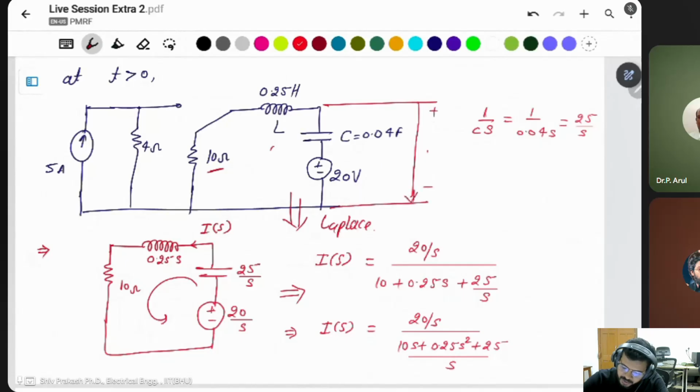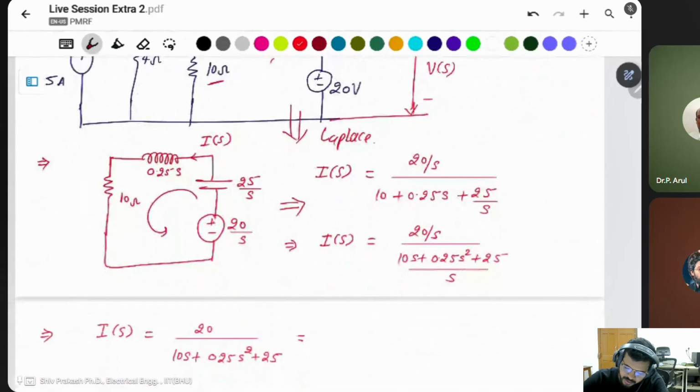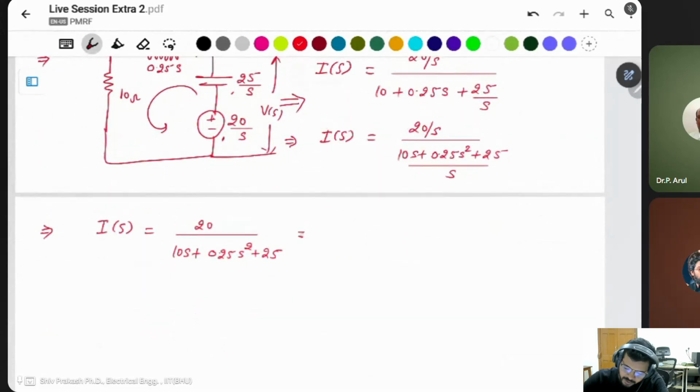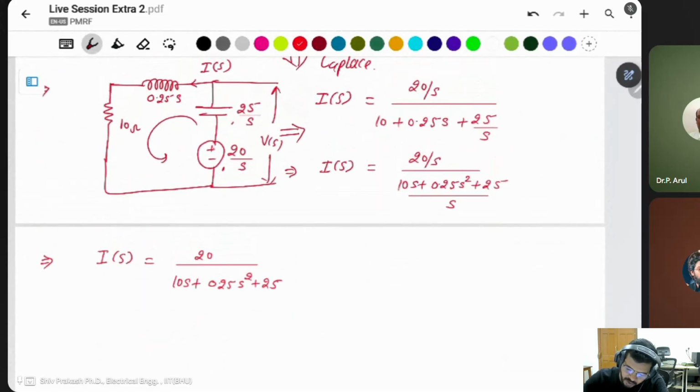You can say this whole is the VS. This is the initial voltage, and this is the capacitor. If the IS is fine, then what is the total VS?